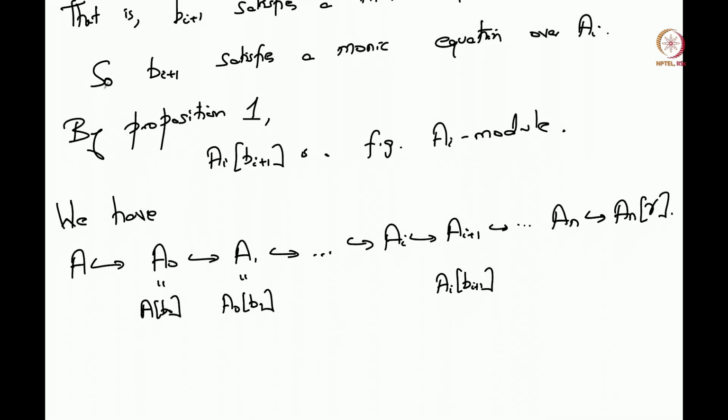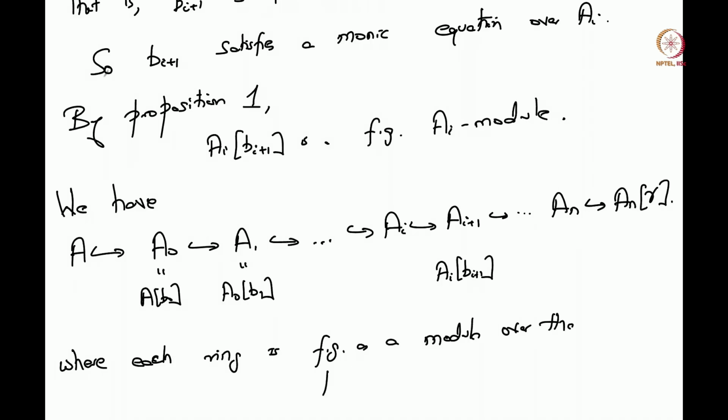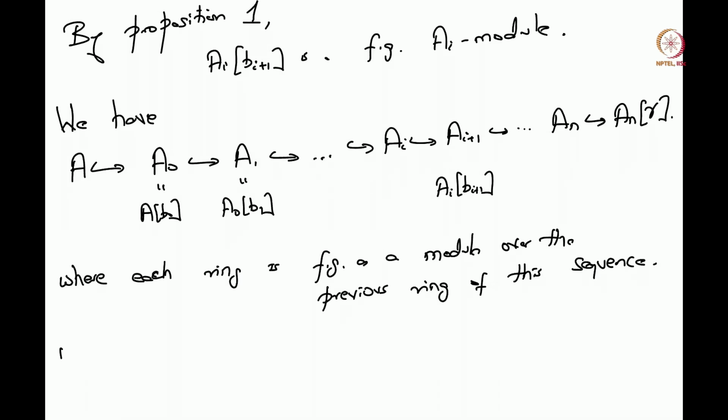And the property of the sequence of inclusion of domains is that each ring is finitely generated as a module over the previous ring in the sequence. Okay, so again by this transitive property we have that A_n adjoin gamma is finitely generated as an A module.